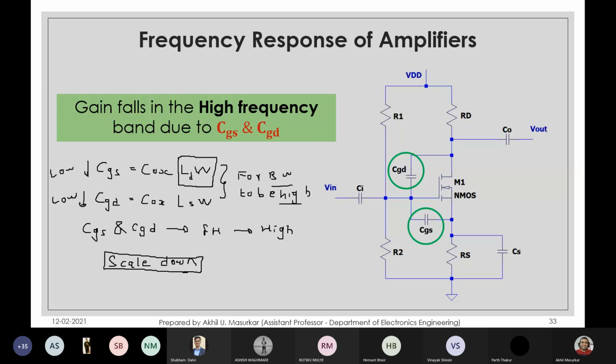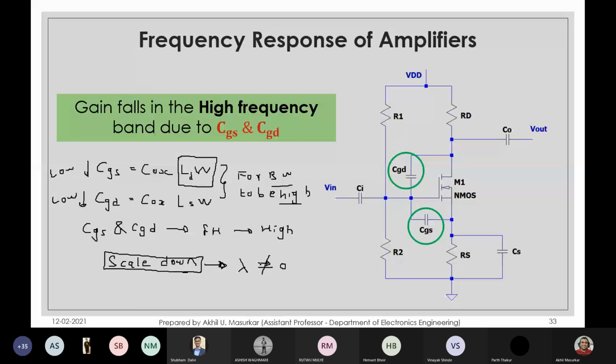Now, I told you that when your device is big and you scale down, lambda comes into the picture. Lambda does not tend to 0, lambda is not equal to 0.